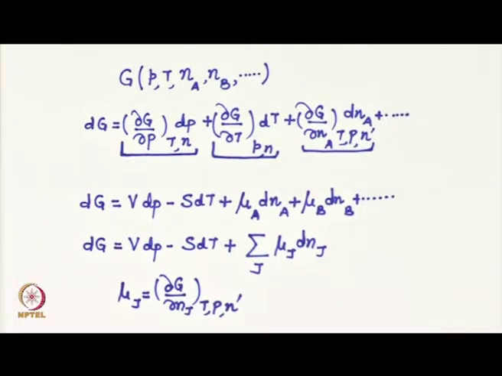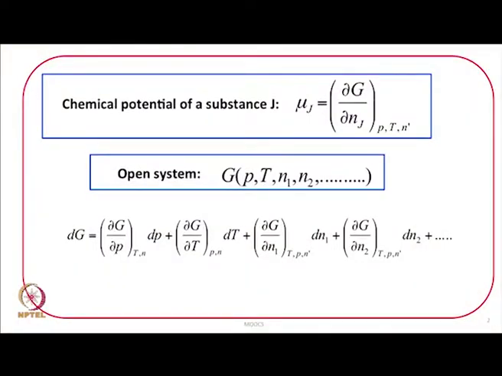Let us look at the slide now. This is what I just discussed, that dG, when you expand this, will take up this form. We also discussed that this derivative at constant composition is volume, this derivative at constant composition and constant pressure is minus S, and this is the alternate form of this equation.